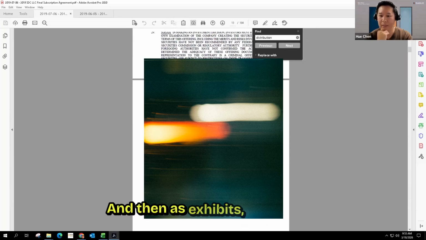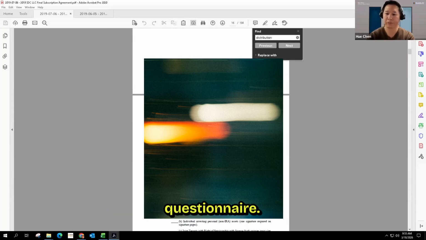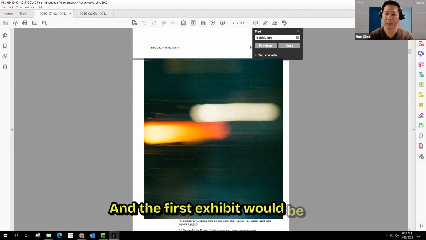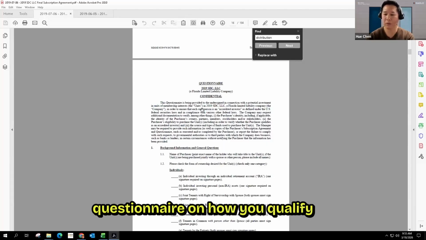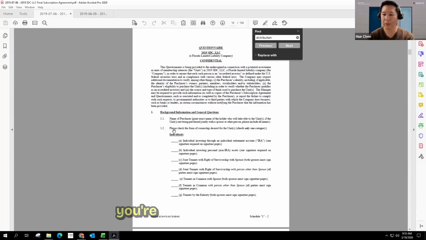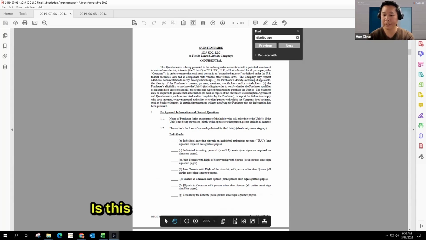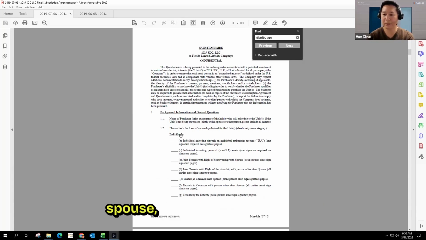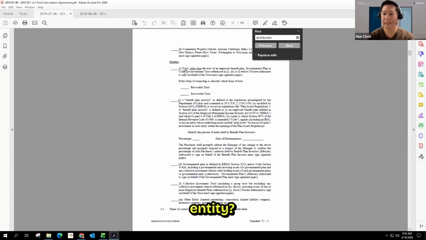And then as exhibits, you have a questionnaire. The first exhibit would be a questionnaire on how you qualify as an accredited investor. So it'll ask you questions like, when you're investing, how are you investing? Is this tenants in common, tenants by the entirety, tenants in common with spouse? As an individual or as an entity? Is it a trust?